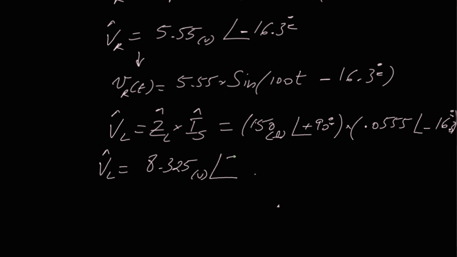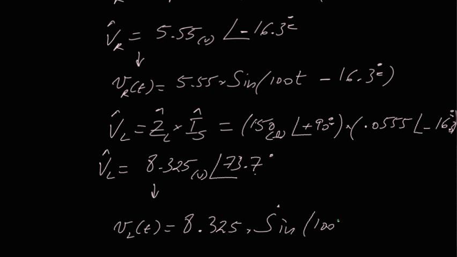So the angle here, 73.7 degrees. We convert this to the time domain. VL of t is 8.325 sine 100t plus 73.7 degrees.